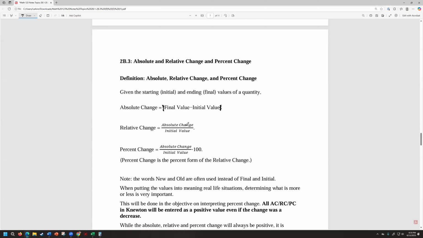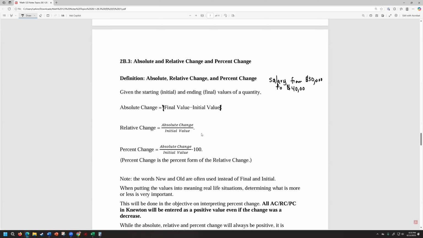Relative change is the decimal form of what we're going to really be focusing on, which is percent change. So you take that absolute change and you always divide it by the initial value. So like I said, if my salary went from, we're just going to write this down, from 30,000 to 40,000. So let's say this was our situation.